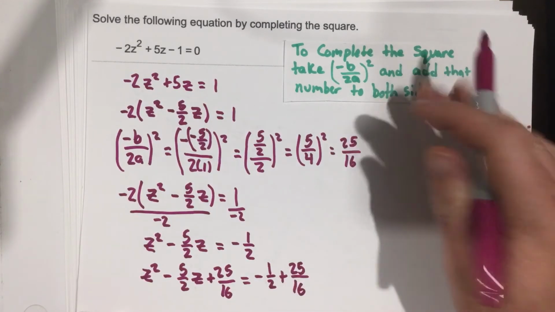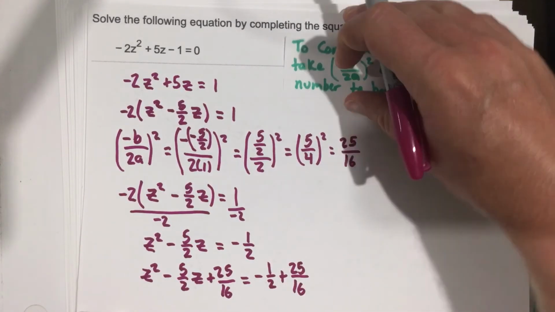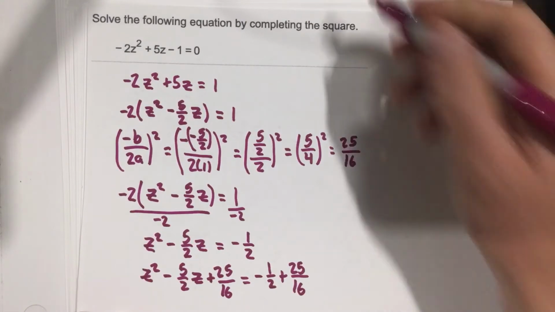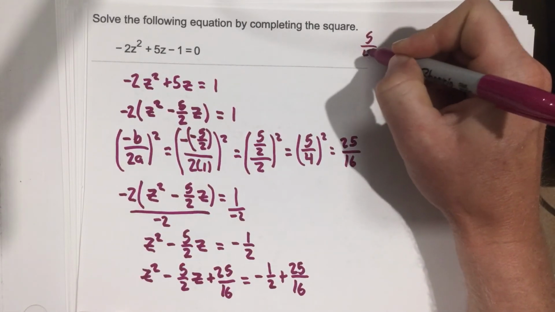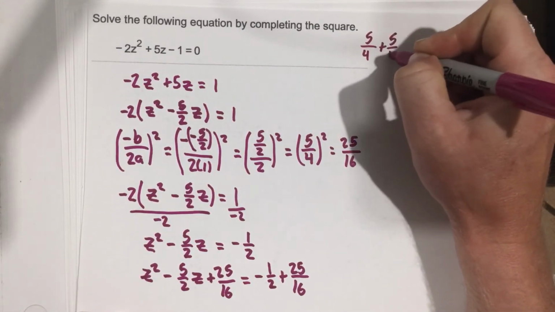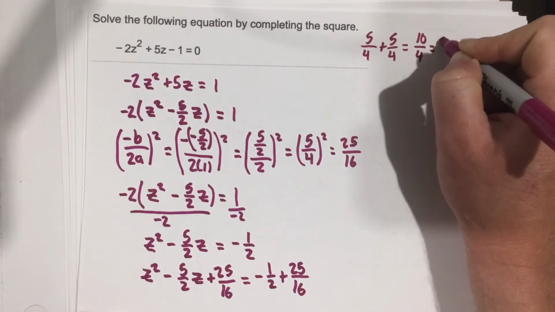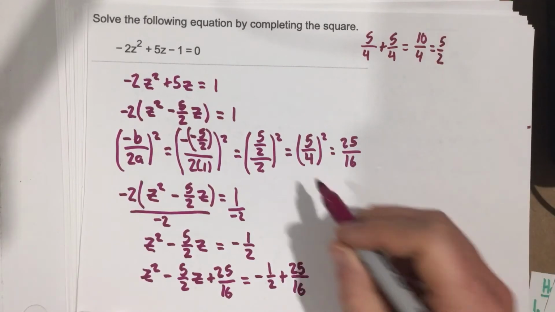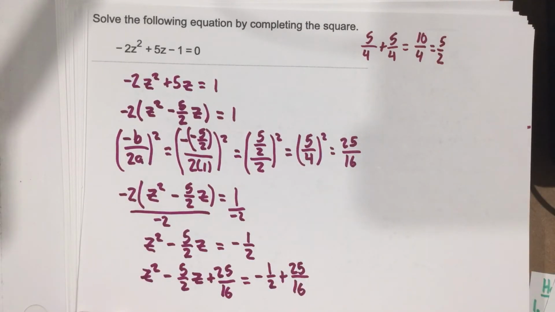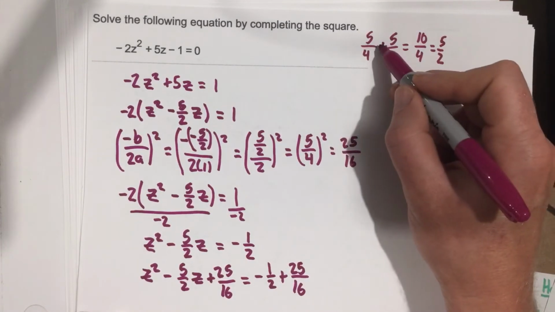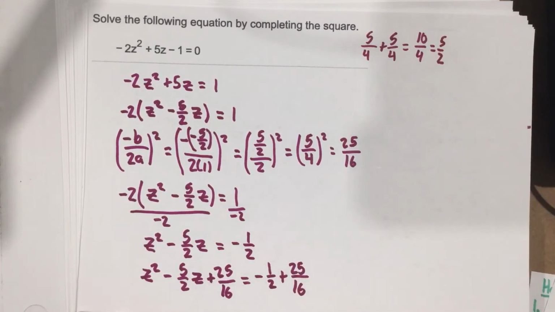And we can prove that real quick. If we have 5 over 4 plus 5 over 4, you get 10 over 4, which reduces to 5 halves. So we know when we add 5 over 4 to itself, we're going to get 5 halves. We need negative 5 halves in the middle, so it's really just going to be negative 5 over 4 and negative 5 over 4, which will give you negative 5 halves.